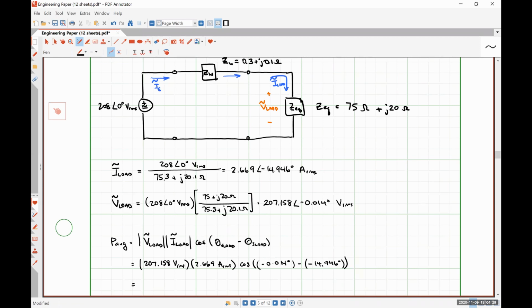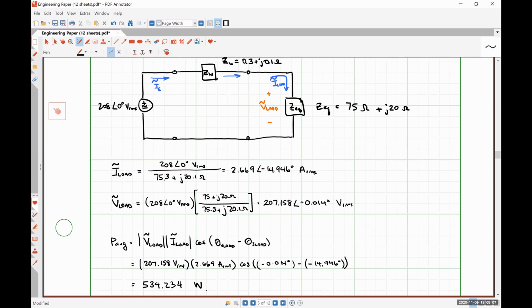So let's see, 207.158 times 2.669 times cosine of negative 0.014 minus negative 14.946. So I get 534.234 watts. So we've done our first complex power calculation.